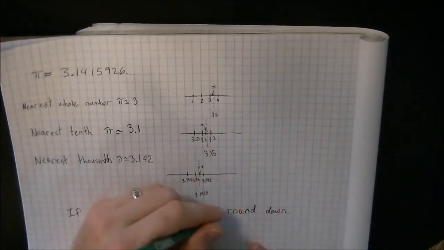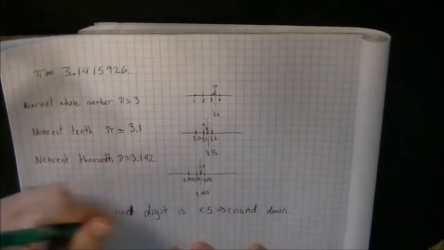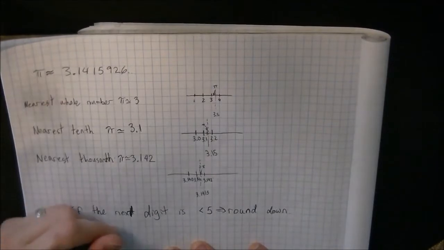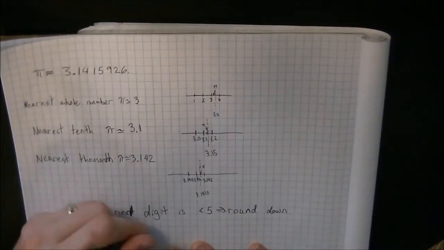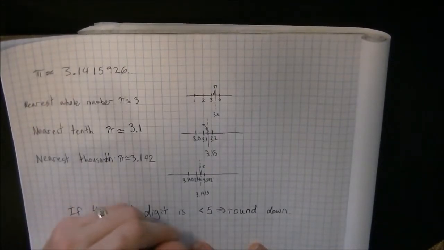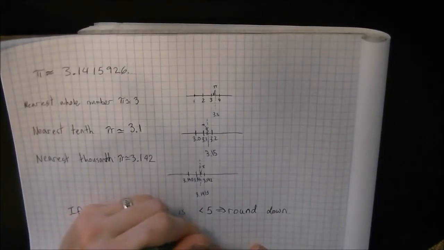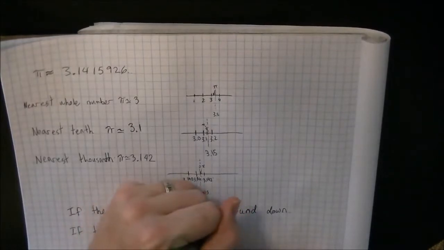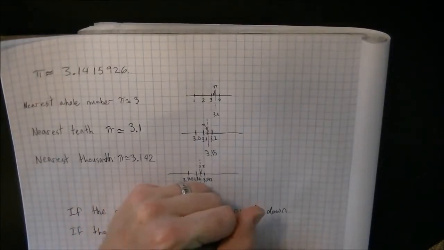And if the next digit is greater than or equal to 5, even if it's equal to 5, you round up.